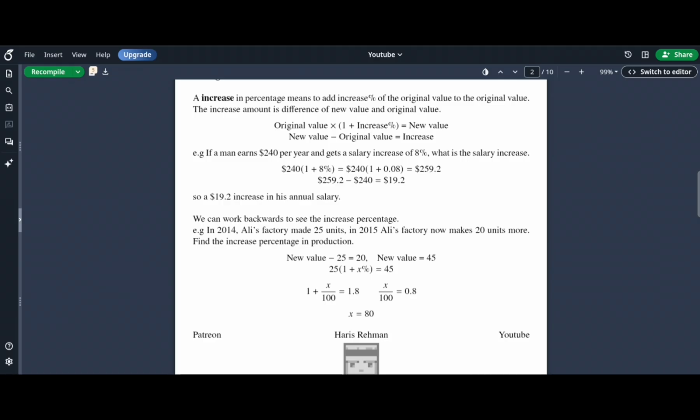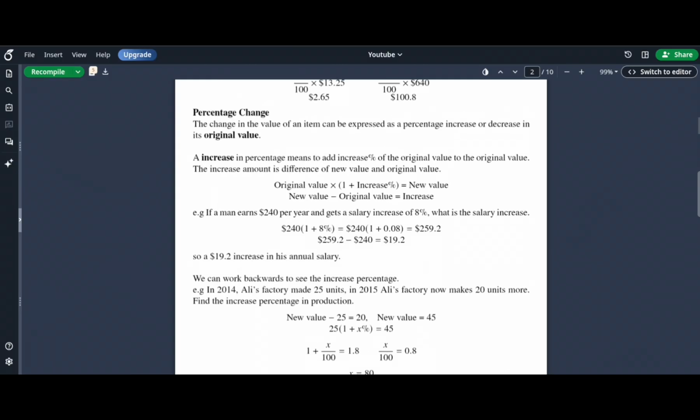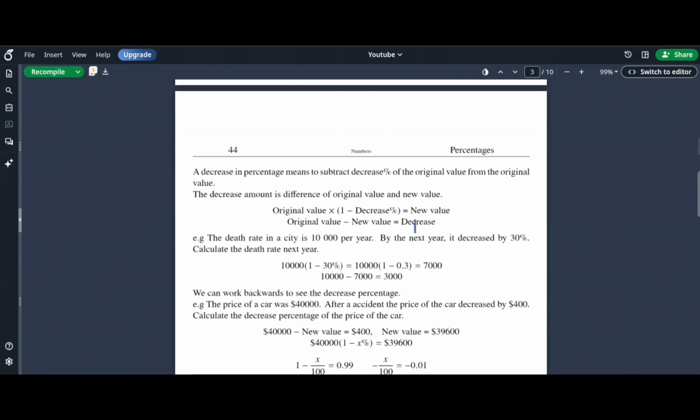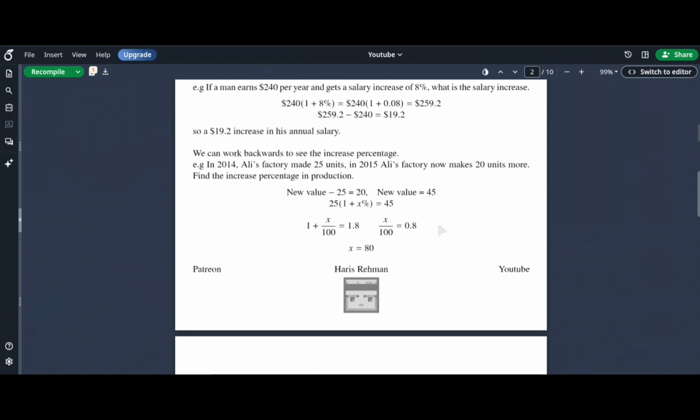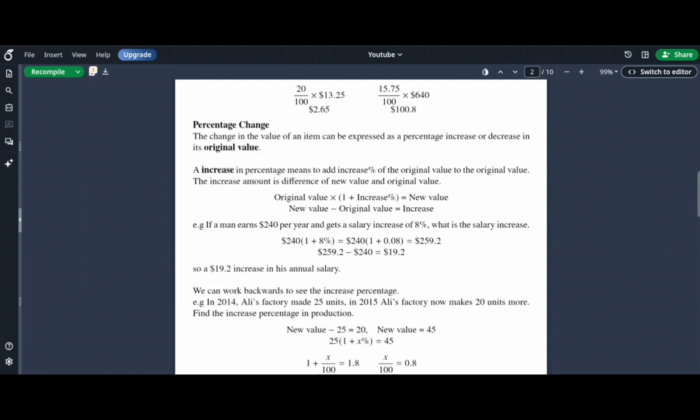These are similar, just the context of the change differs. Now, new value minus original value for an increase, and this for a decrease: you can think of it as the change value, how much the original and new value differ by.